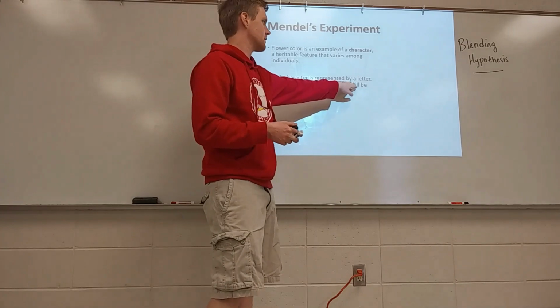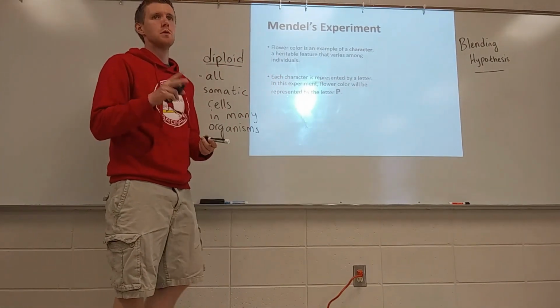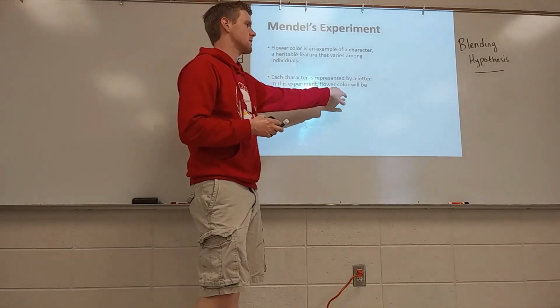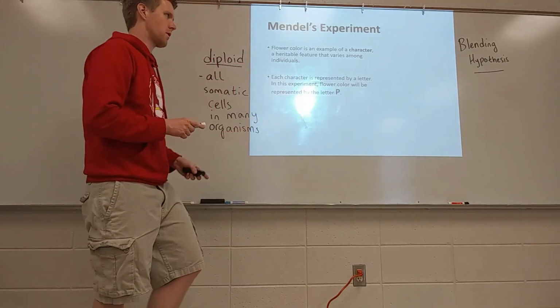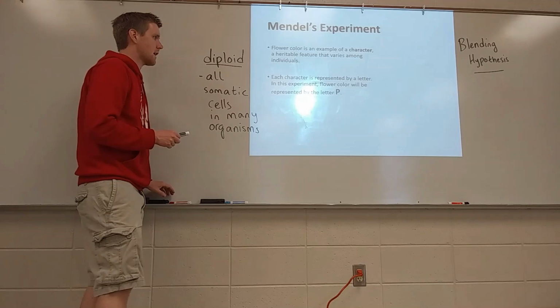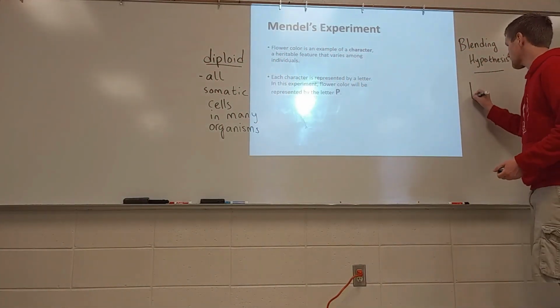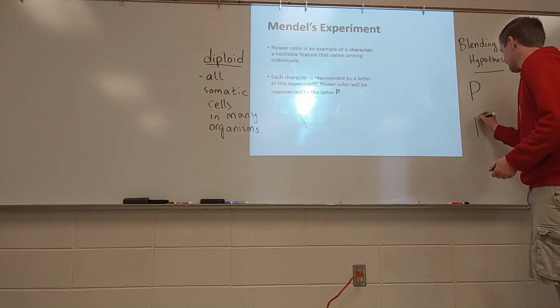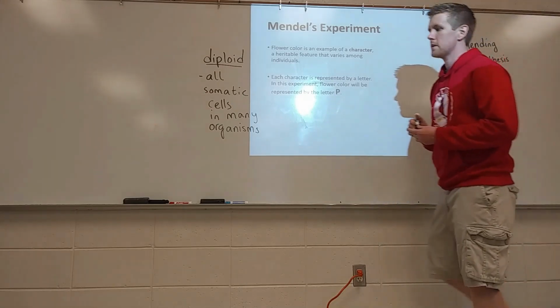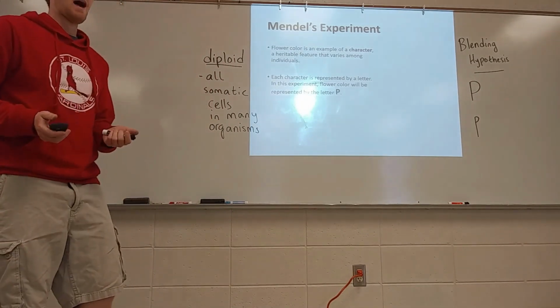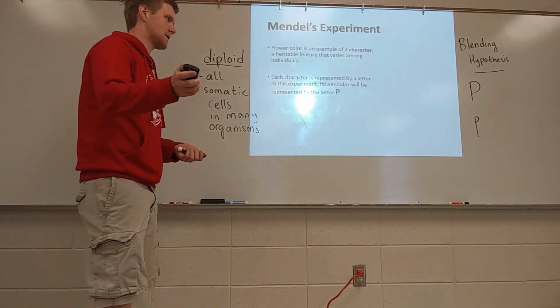When you're looking at things in genetics, oftentimes if there's only two versions of a gene, an English letter is used to represent the two different versions. In this case, the letter P is used. We use letters when there's two different versions of a gene because it's pretty easy to have two different versions of a letter, capital and lowercase.